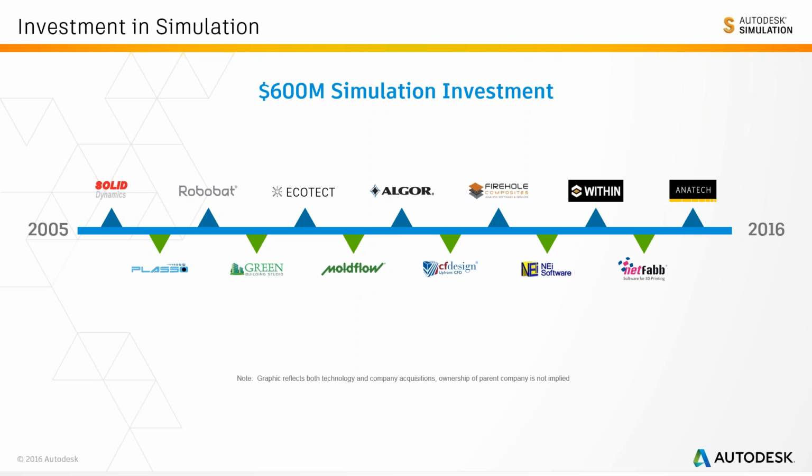And the tech gives us access to explicit analysis, which will be coming out shortly. We've also, not shown on here, acquired Delcam, which gives us further access to additive and subtractive manufacturing.